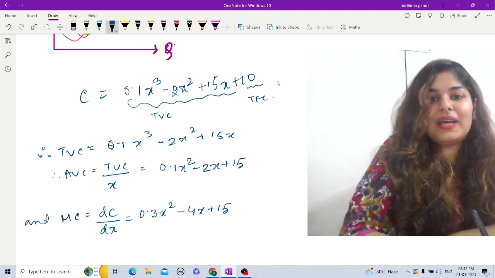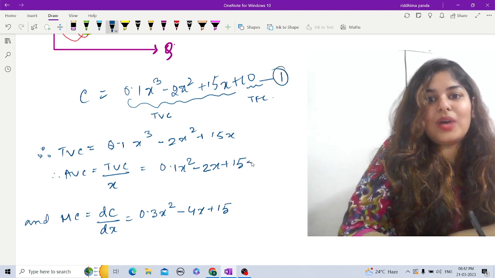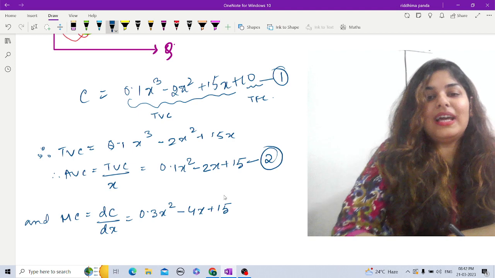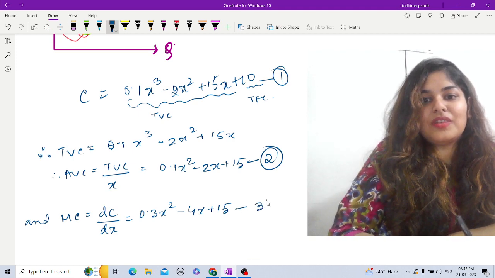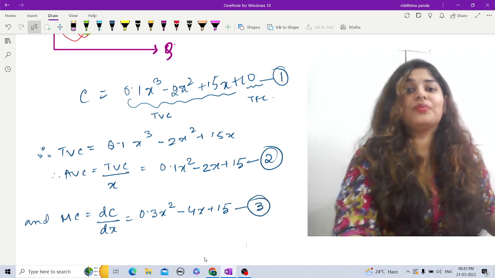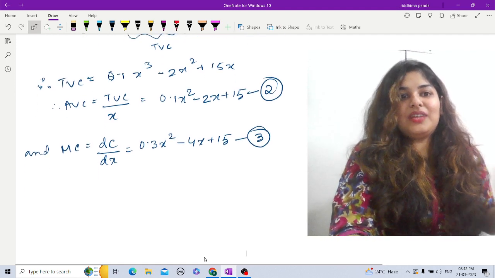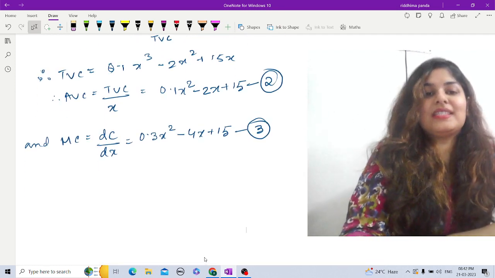So this is my total cost function, that is 1, average cost function, that is 2, and marginal cost function, that is 3.